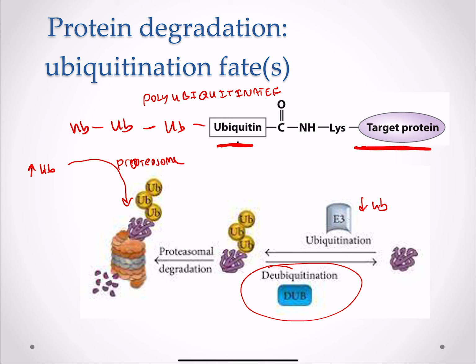And so again, you can add ubiquitin to a protein and it does not have to be degraded. It can simply be deubiquitinated, and that will prevent its degradation. So the deubiquitinating proteins are going to be involved in regulation, not degradation.